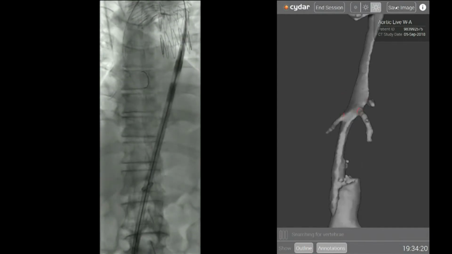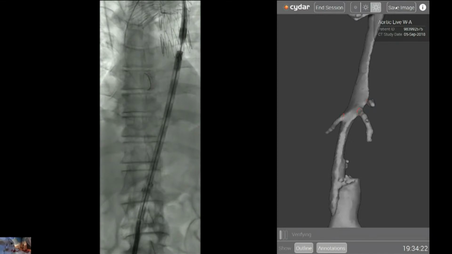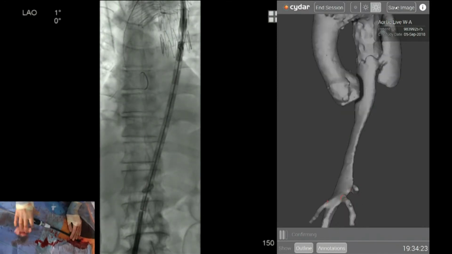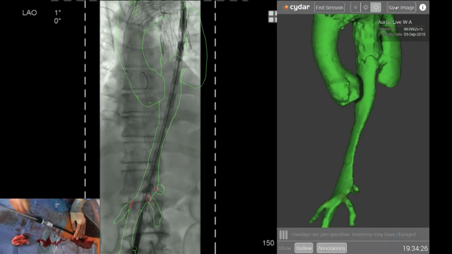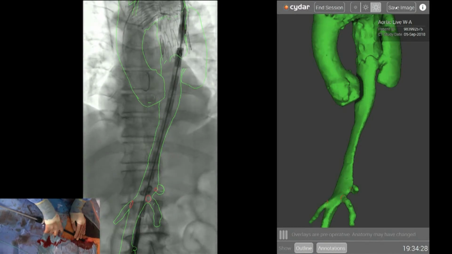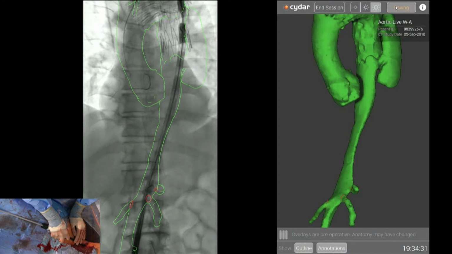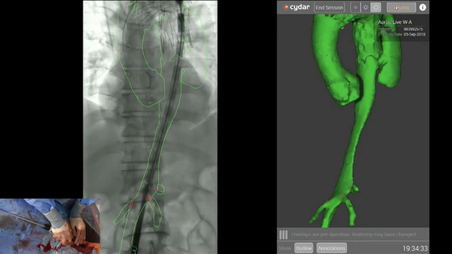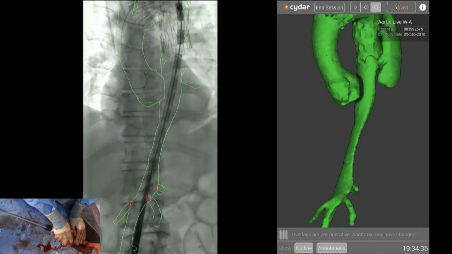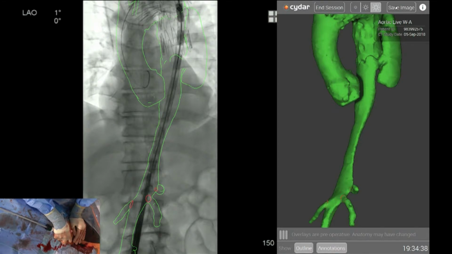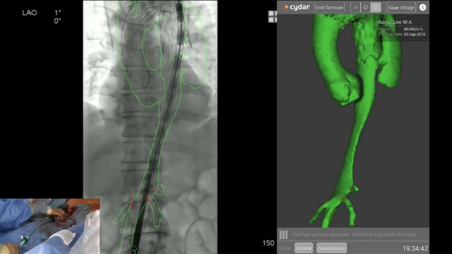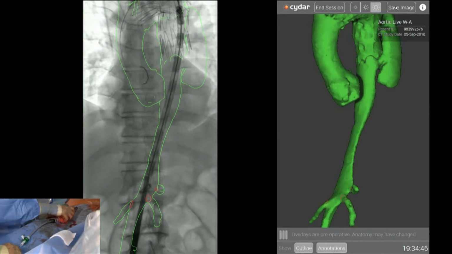We of course made sure with our angiogram that the stiff wire goes through the true lumen, and we wanted to make sure that we also have an overlap of at least two components to the previous stent graft, and this is how we position the graft. We want to land distally above the celiac trunk, and this patient has quite nice anatomy to make that possible.